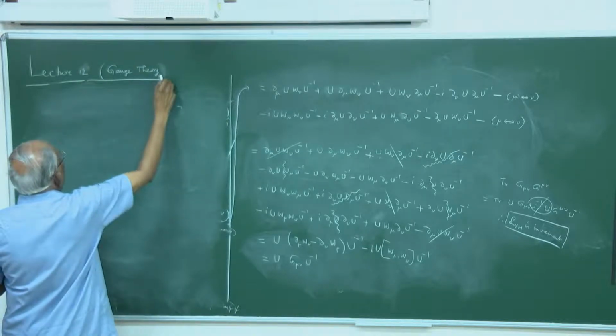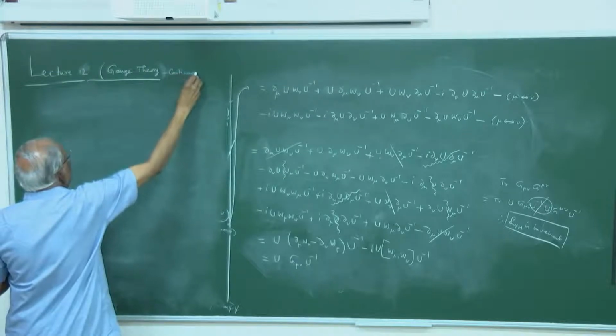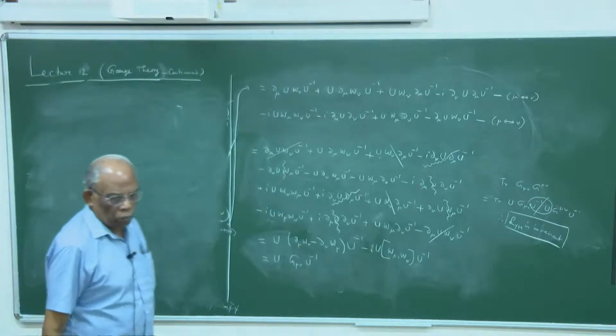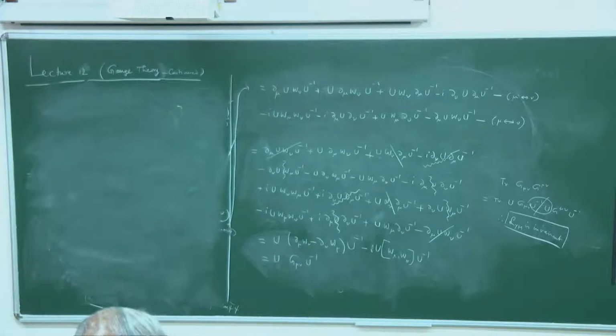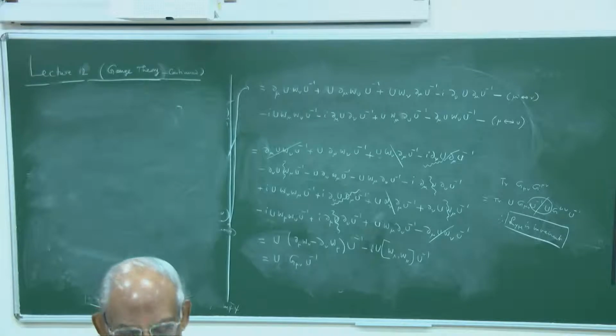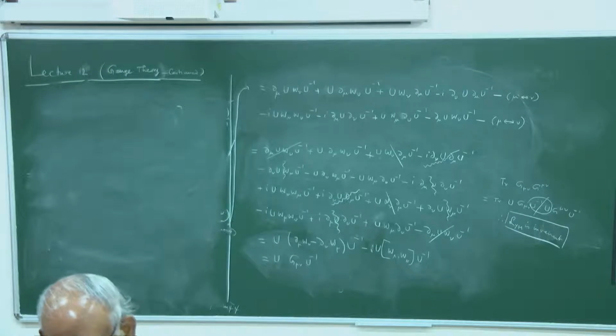So you can say gauge theory continued. Okay. So what we have done is non-abelian gauge theory. Now something more has to be done. The most important thing is spontaneous breakdown of symmetry and Higgs mechanism. So I am going to develop the notions connected with that now.